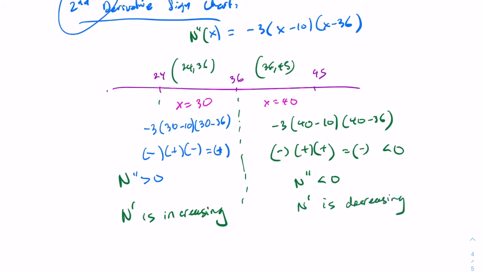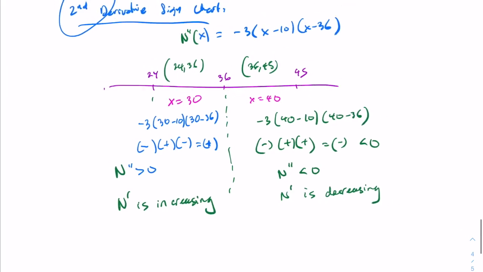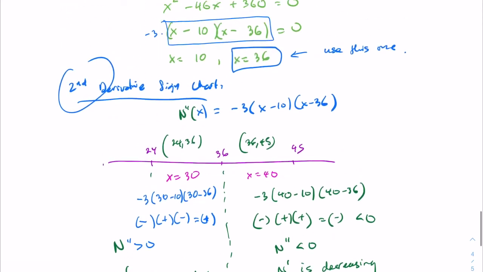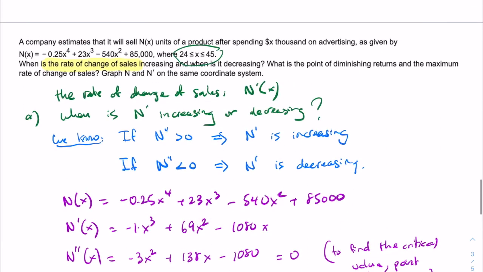Okay. All right. So now we have the answer for the first part. It's asking for when the rate of change of sales is increasing or decreasing. That means where N prime is increasing or decreasing.